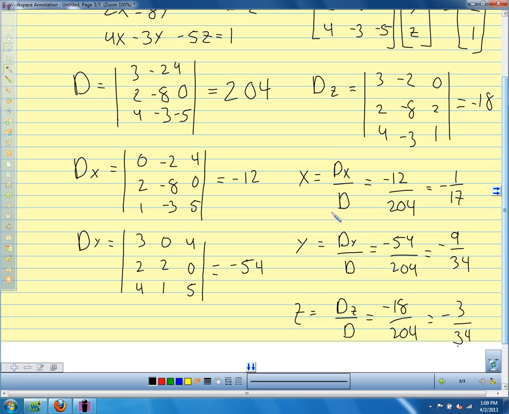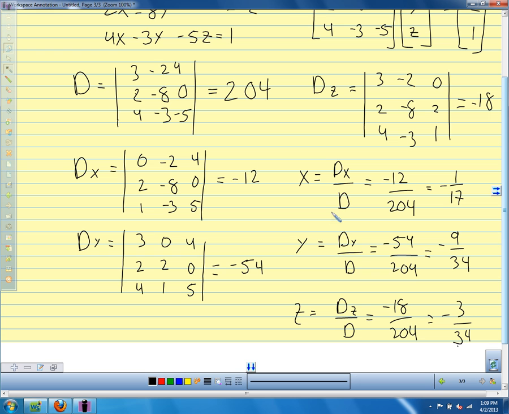So it is kind of mechanical, but that's one of the advantages of Cramer's rule, that you can do it as a mechanical process. So questions on the process of Cramer's rule? All right.